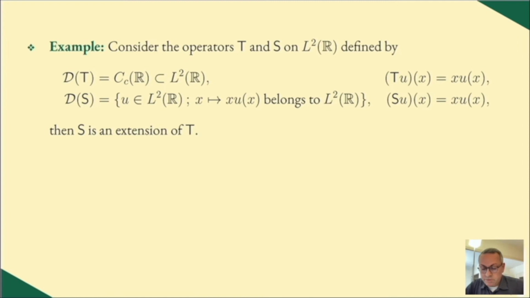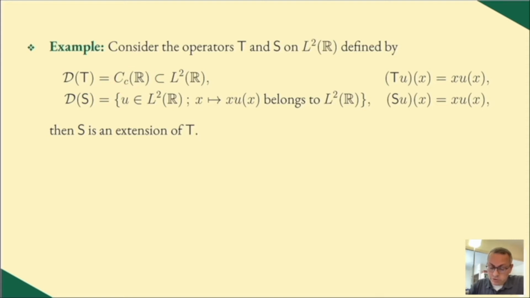Let's look at a very simple example of extension. Consider two operators T and S defined on the Hilbert space L2(R), the space of square integrable functions. The operator T has domain D(T), which is the space of continuous functions with compact support.